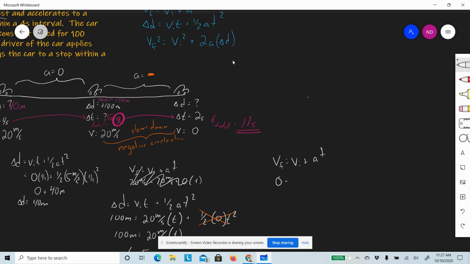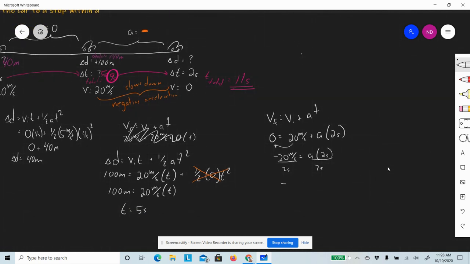VF, it comes to rest, is 0. VI, it started at 20 meters per second, plus A, and this whole thing took 2 seconds. Bring this over there: minus 20 meters per second equals A times 2 seconds. Divide by 2 seconds, divide by 2 seconds.